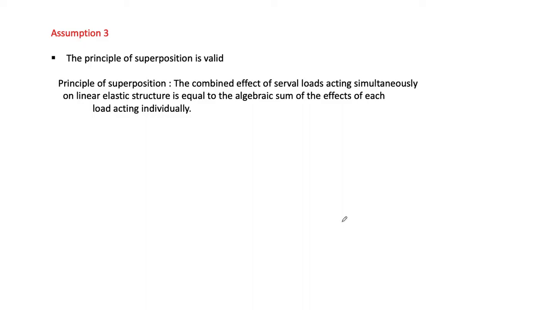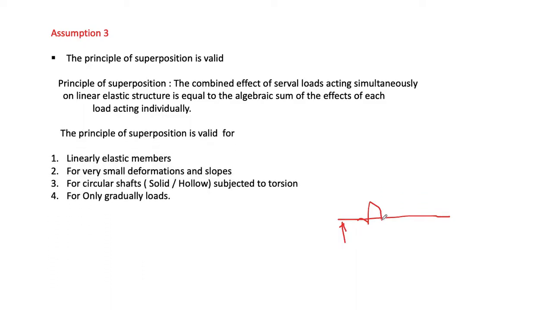If I take a linear material with a number of loads acting, such as a roller load, UDL, and point load, the combined effect is the algebraic sum, and we can take each one individually.